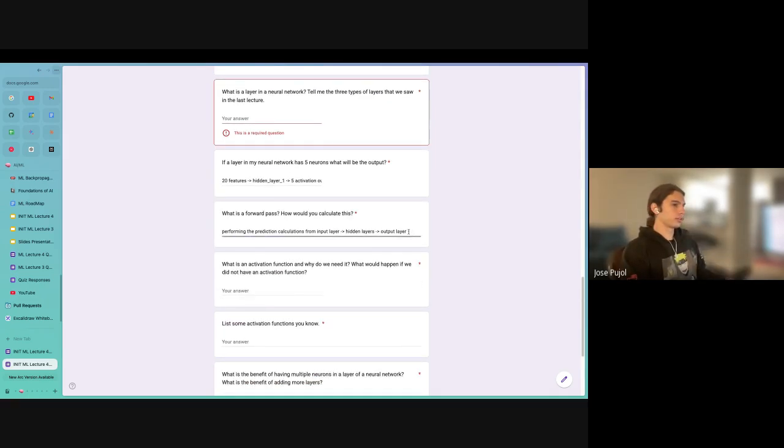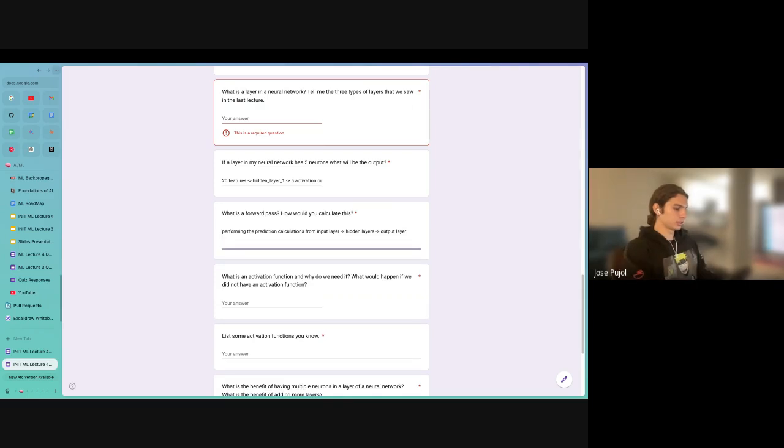One way you can show this is to say that the output is, let's say I have 2 layers, a little nested.